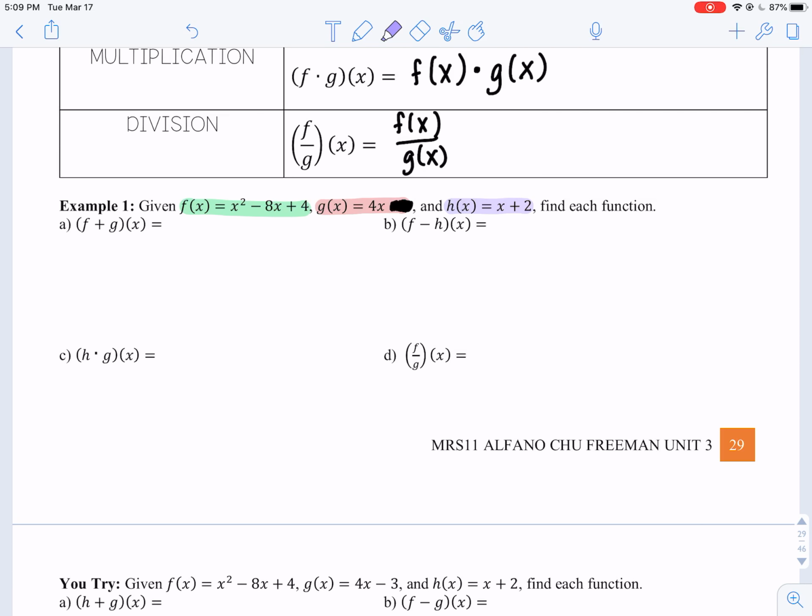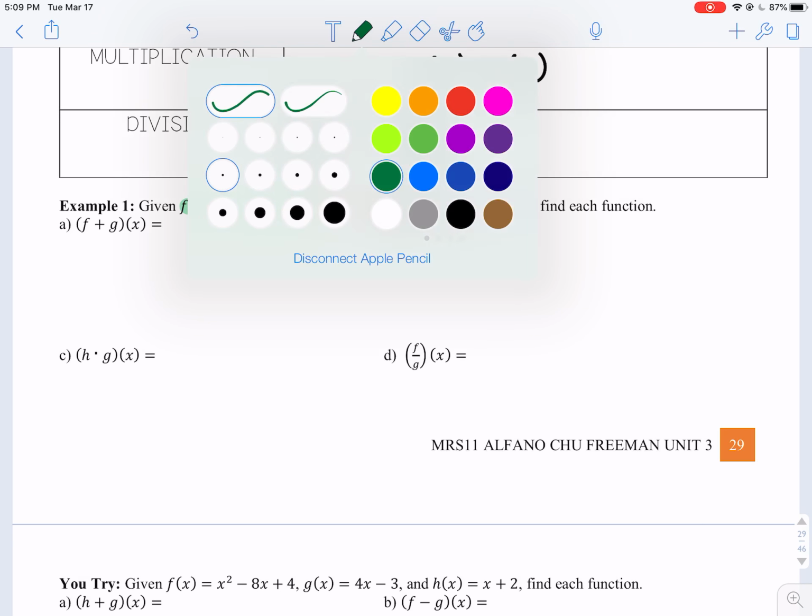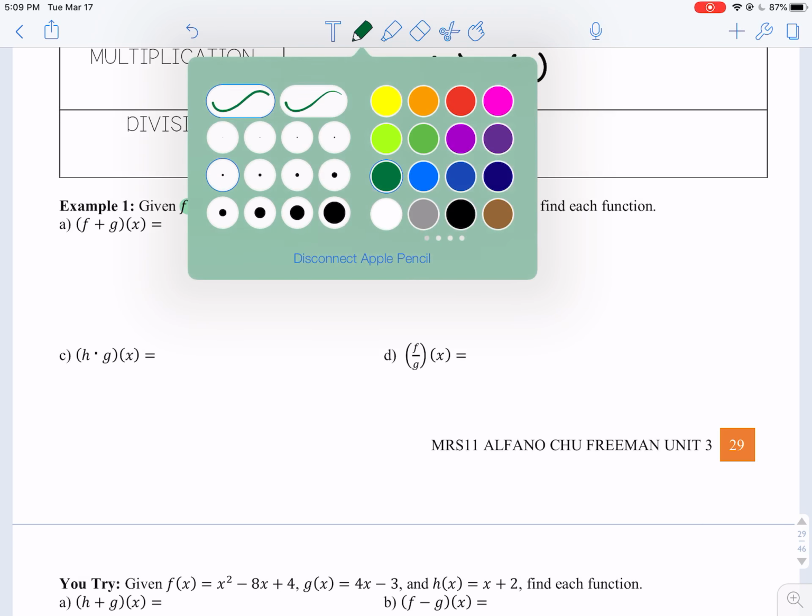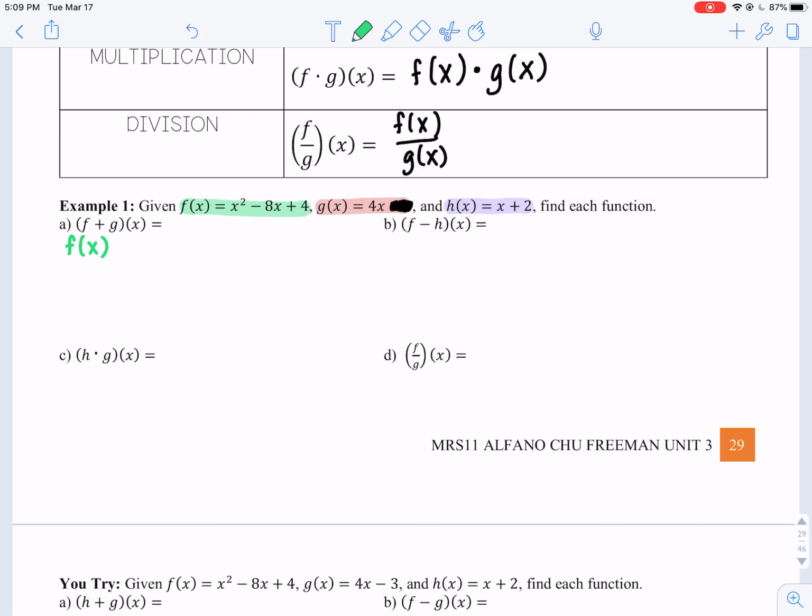So for example 1a, I have f plus g of x. So again, we're going to separate them. Ooh, these are not the colors. Okay, there you go. This is really f of x plus g of x. We're just separating it.